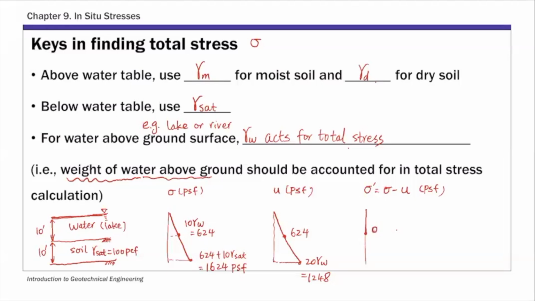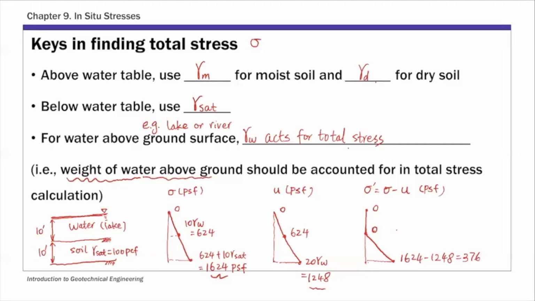And effective stress by definition is soil particle-to-particle contact force per area. So if you don't have soil, of course you don't have effective stress. And then at the bottom of this soil profile, the effective stress value is the difference between total and pore pressure. Okay, so that's 1624 minus 1248, and 376, and 0 at the water surface. Okay.